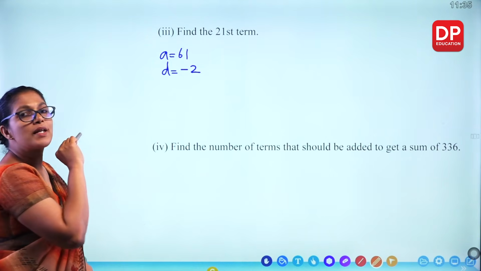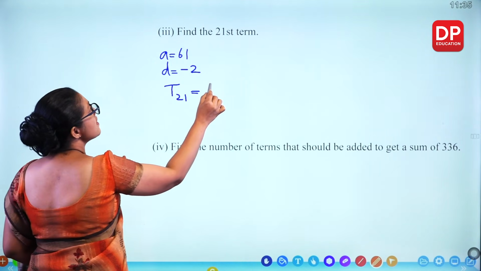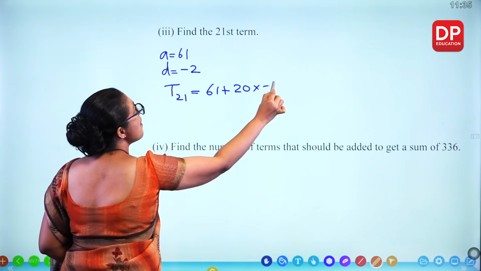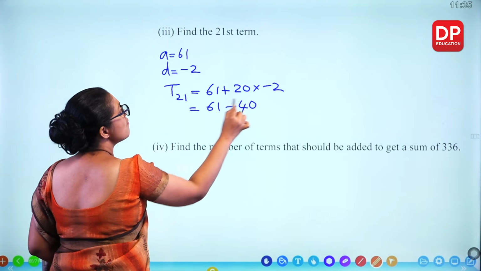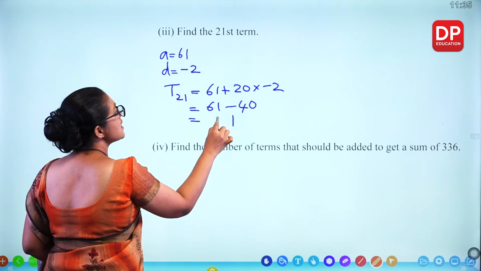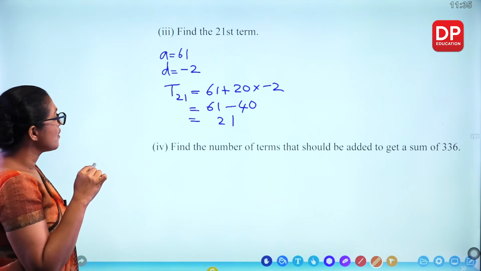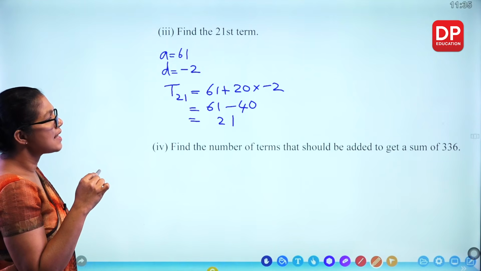So what's the 21st term? T21. First term is 61 plus n minus 1, that's 20 times minus 2. 61 minus 40. So what's the answer? You get 21.